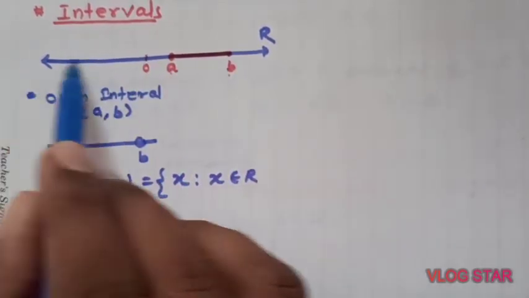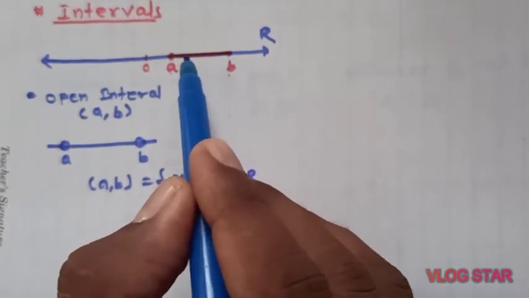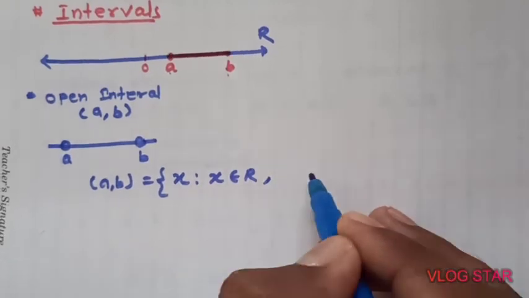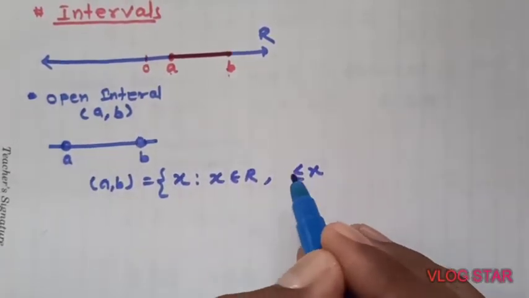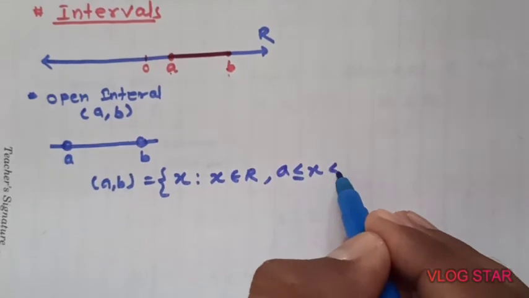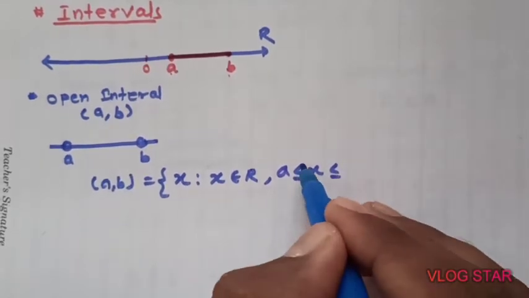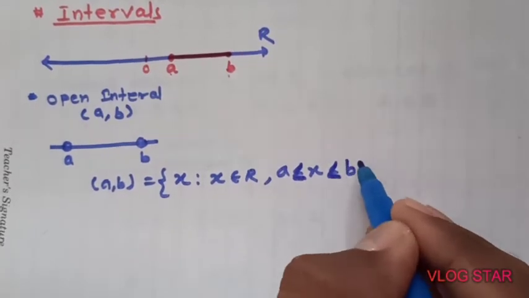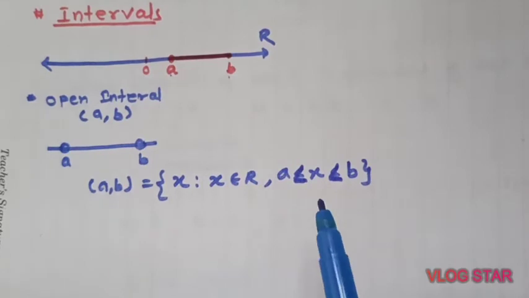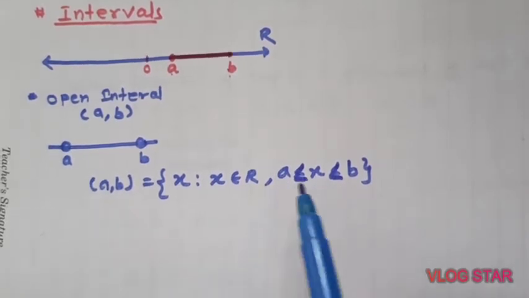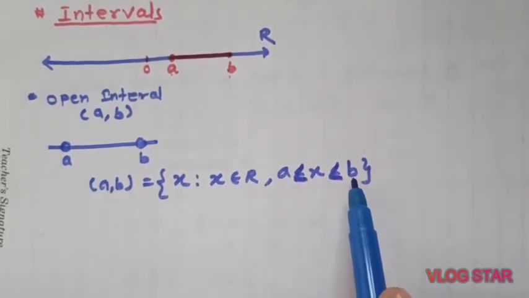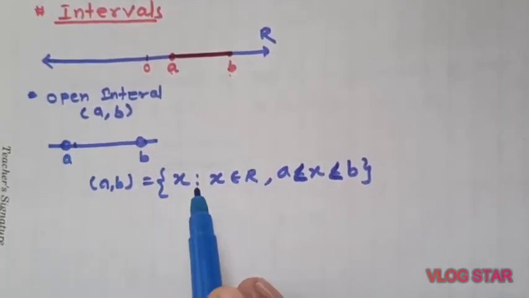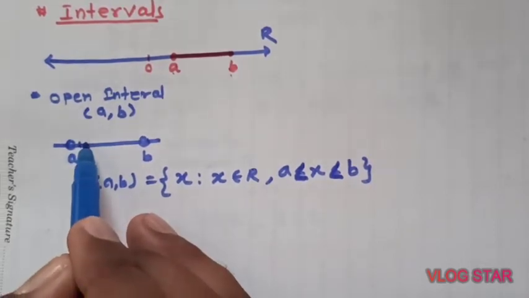In the whole set of real numbers, we are taking some real numbers continuously. What is the condition for that? x is strictly greater than A and strictly less than B. What does it mean? x is not equal to A and x is not equal to B. Whatever number is here belongs to the interval, the number over here belongs to the interval.